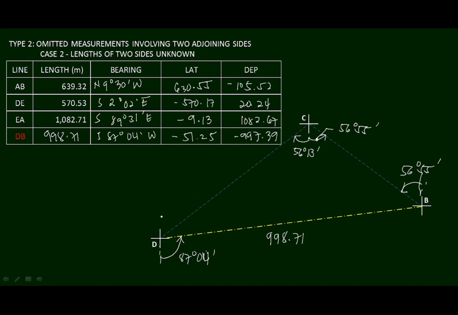The same with this one. If this is 56 degrees, 30 minutes, I can also say that this angle here is 56 degrees, 13 minutes. Okay. Unknown dito yung length ni DC at saka yung length ni BC.